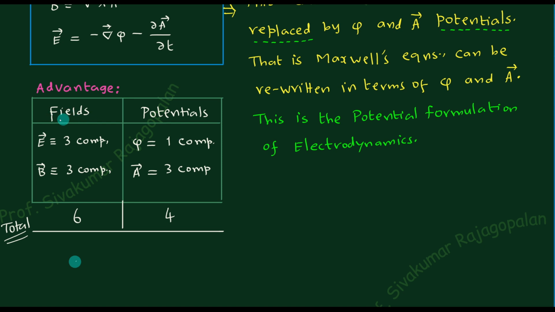But if you deal with the fields, there is no freedom. You have to directly evaluate the integrals or whatever you have in Maxwell's equations. You don't have any freedom there, and therefore there are valid reasons why we are dealing with the potential formulation in electrodynamics.